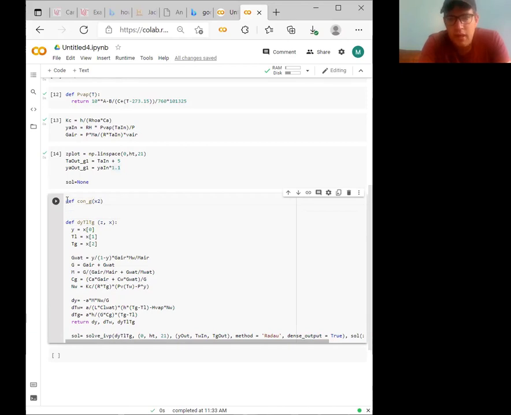And then I'm going to take our y out, so our molar concentration coming out the gas, and set that equal to x2, the first term of the array.